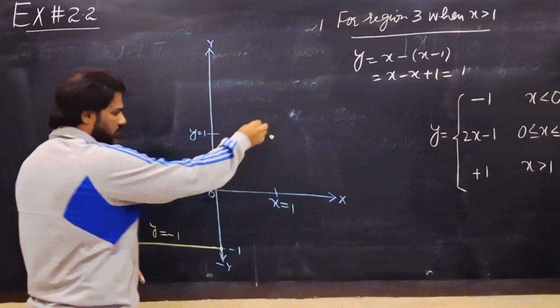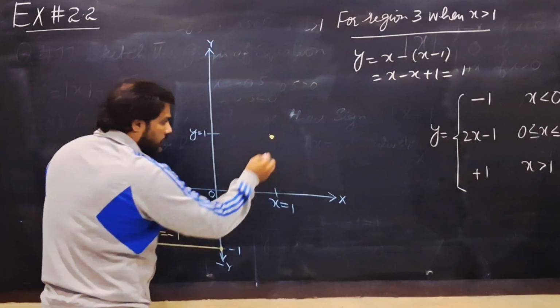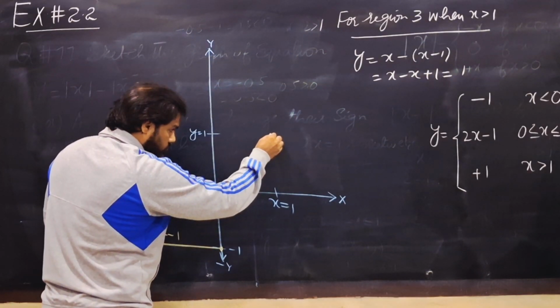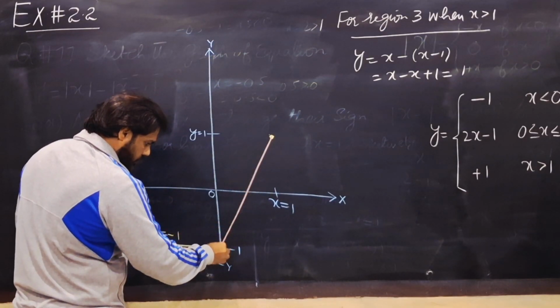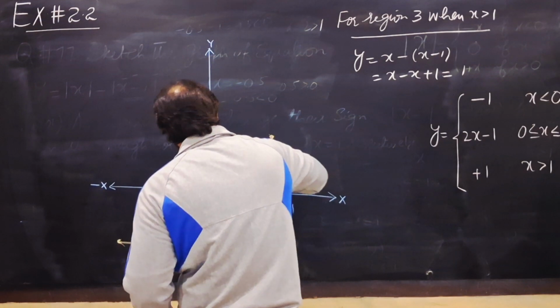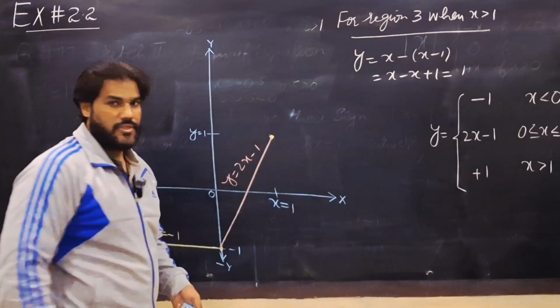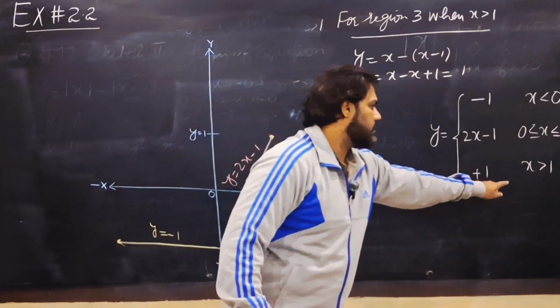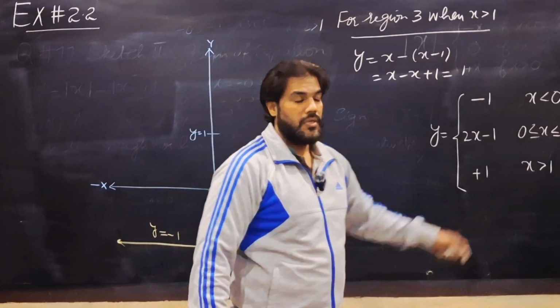So now join these 2 points. So this is the portion where y is equal to 2x minus 1. Lastly, when your x is greater than 1, the value of y is 1.